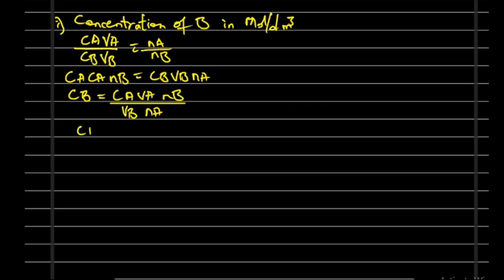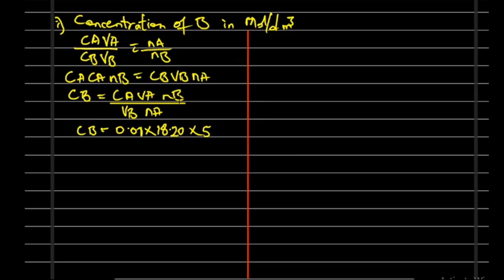So CB equals, let me just divide this page so we don't take too much of our time. So CB equals, from our question, we have our CA to be 0.01 times the volume of acid used, which is 18.20, times 5, which is going to be the number of moles of base.